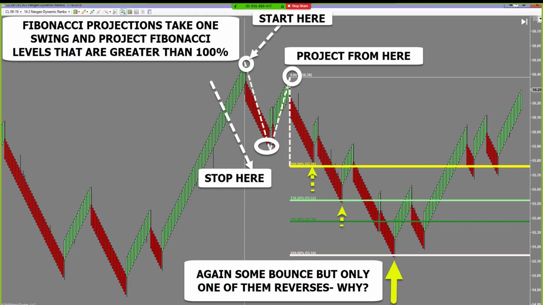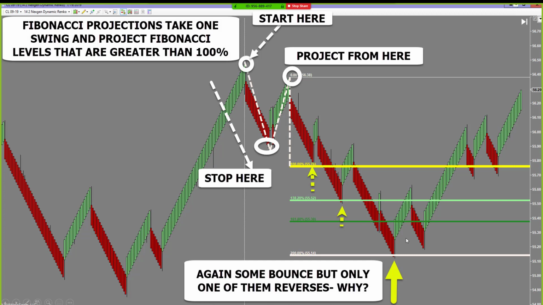One of the other things that our software does is projections. Now, Fibonacci projections are pretty simple. They take the high of the market and the low and then the first swing, and then they start using that range to project out into the future.